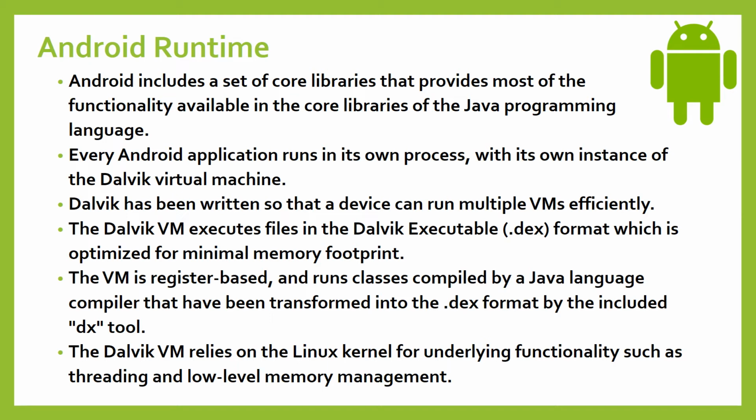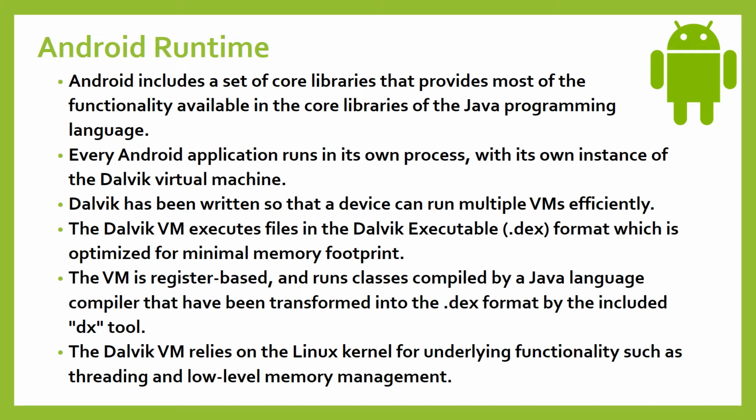Every Android application runs its own process with an instance of the Dalvik virtual machine, which is the DVM. The Dalvik has been written such that a device can run multiple virtual machines efficiently. The Dalvik virtual machine executes files of the format .dex, and it is optimized for minimal memory and occupies very little memory.